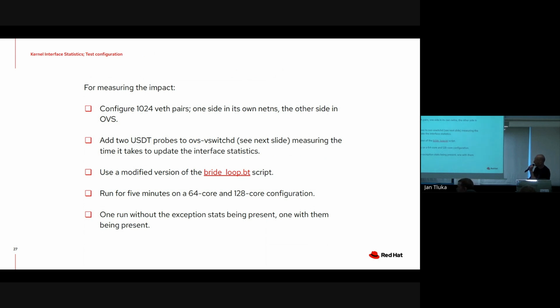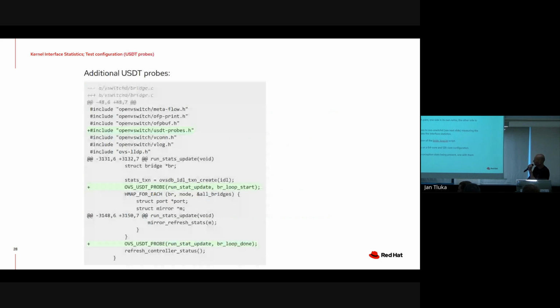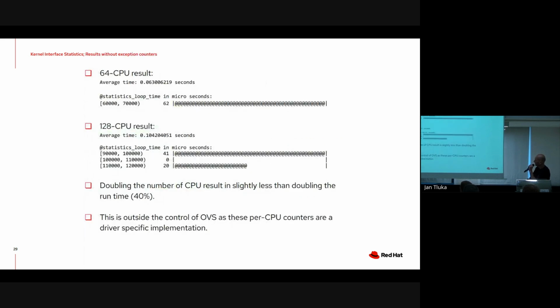And then I ran this test for about 5 minutes on a 64-core system and a 128-core system. I also did 2 variations, one with exception stats being present so that the data structures are allocated on the net device, and one without. There's the extra USDT probes.